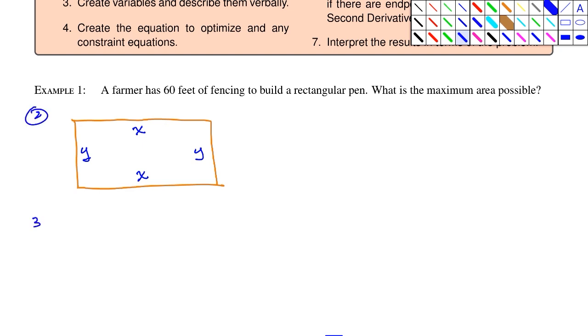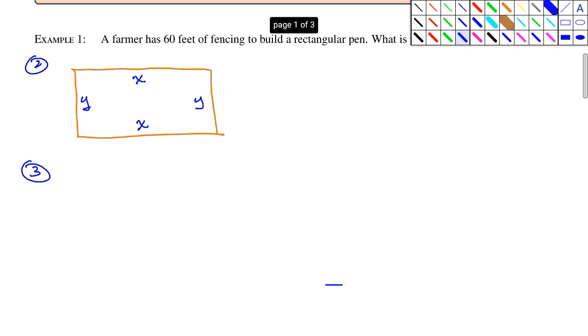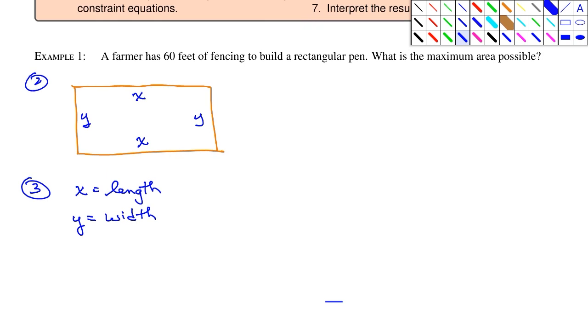Step number 3 is to describe my variables verbally. So x is the length, y is the width, and what else do I need here? Well, the farmer has 60 feet of fencing.